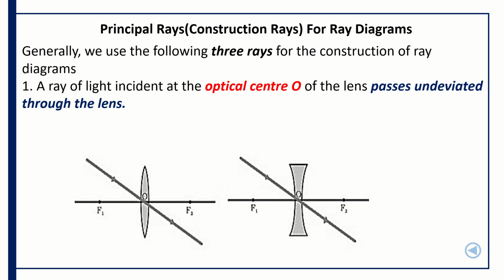So the emergent ray is either parallel to the incident ray or it passes undeviated through the lens. This will help us understand the image formation easily, because it is always the same thing happening if a ray passes through the optical center. So this is the first principal ray construction.